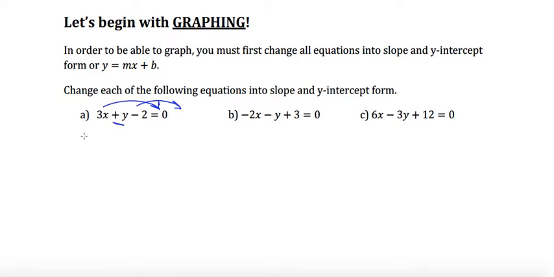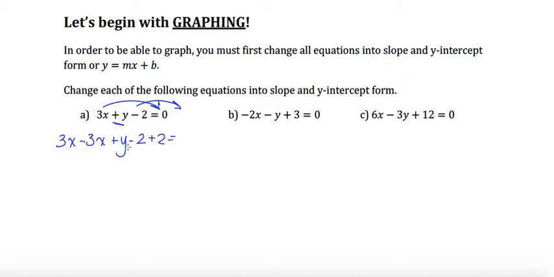So I'm going to start by subtracting. So I'm going to have my 3x. To get rid of my 3x, I need to subtract it. So if I subtract it from the left-hand side, I also have to subtract it from the right-hand side. So plus y minus 2. To get rid of the minus 2, I have to add 2.